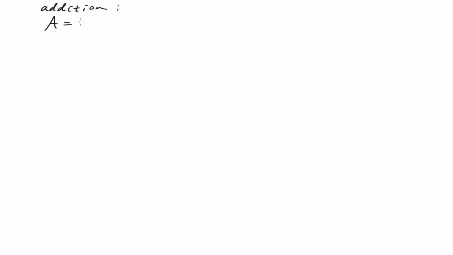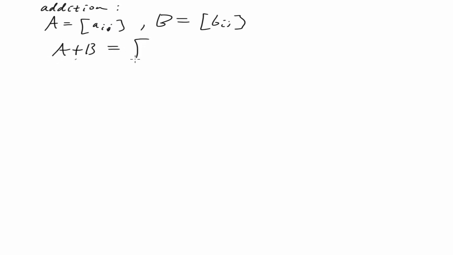If I have A equal to Aij, and the matrix B, which is going to be Bij, we want it to work exactly the way real numbers work. We want A plus B to be equal to the entries Aij plus Bij.